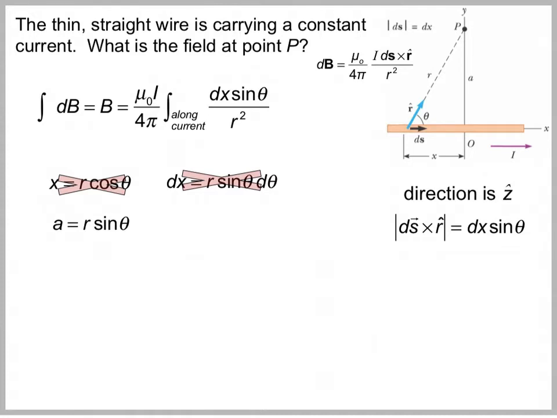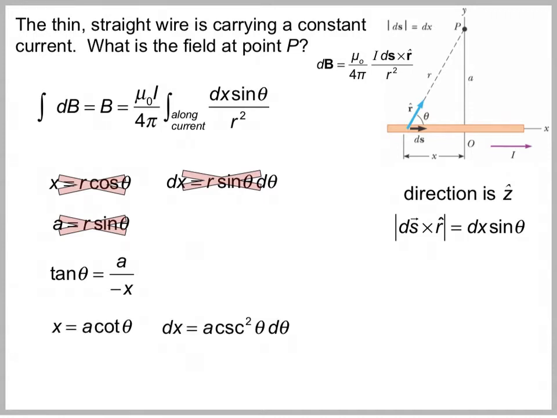Now, that's got problems also, so we try another one. Well, let's see, tangent theta is a over minus x. So then x would be a cotangent theta, and then dx would be a cosecant squared theta d theta. Now, in this case, I have everything in terms of theta, whereas before I had dx in terms of r's and thetas.